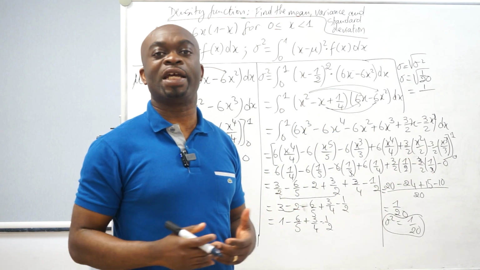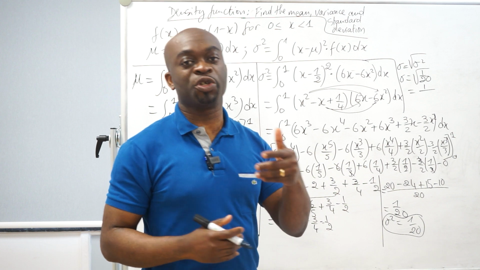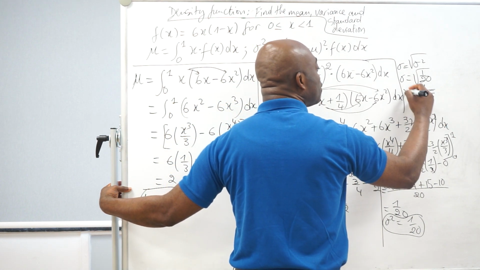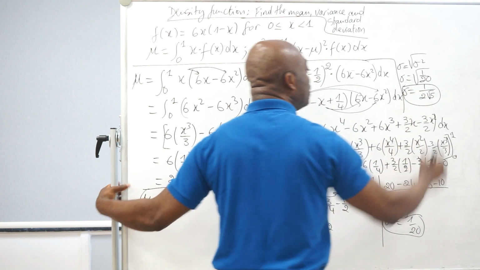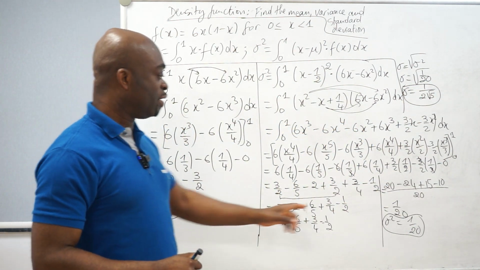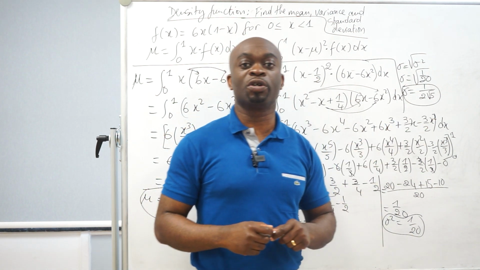And the square root of 20 is the same thing as, 20 is 4 times 5, the square root of 4 is 2. So it's going to be 2 square root of 5 here. So we can keep that. So this will be our standard deviation. So we have our mean, which is 1 over 2. Variance, which is 1 over 20. And then standard deviation, which is 1 over 2 square root of 5. All right?